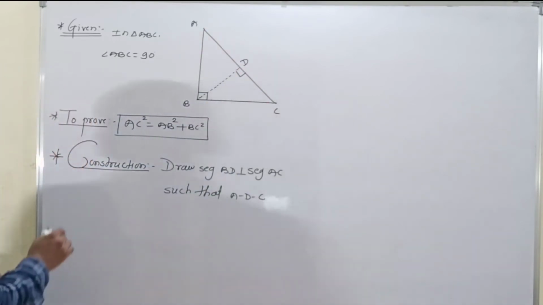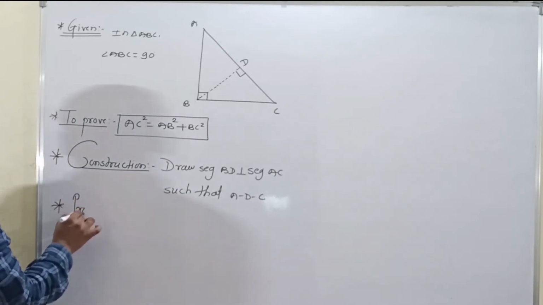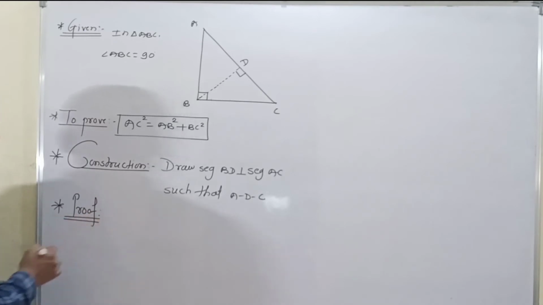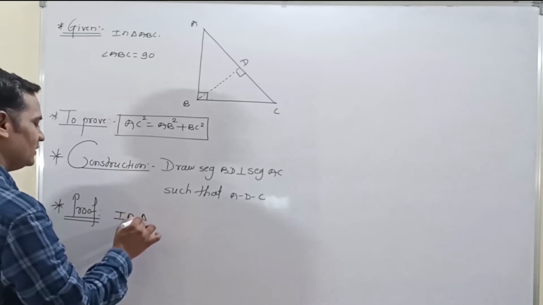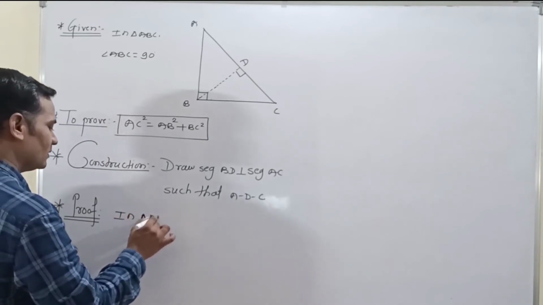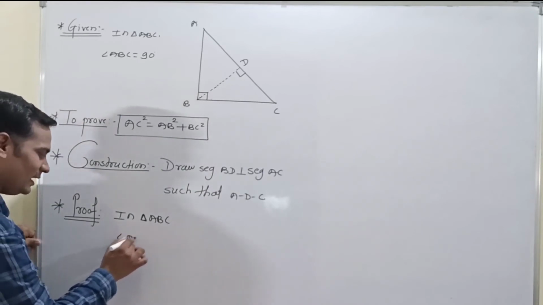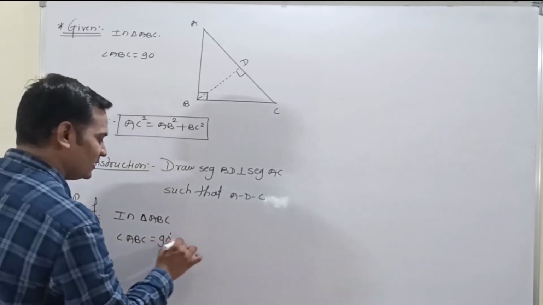Okay. So proof. Now in a proof, again we will take that triangle ABC. So in a triangle ABC, what is there in a triangle ABC? Angle ABC is equal to 90 degree, and this is already given.